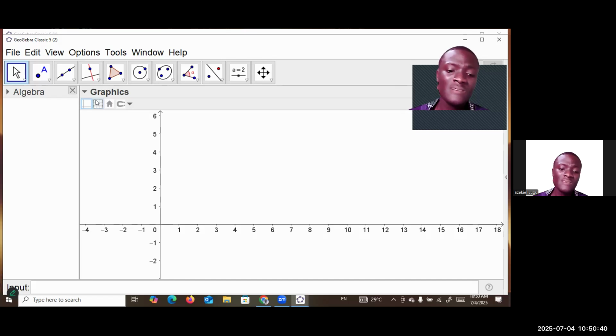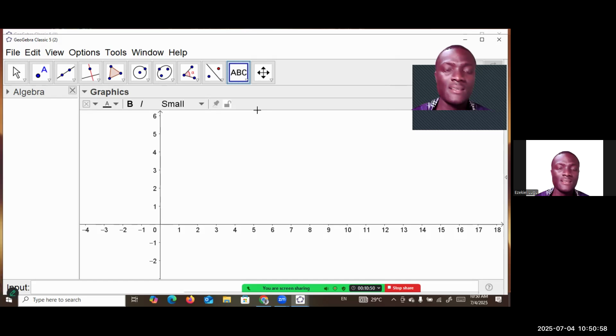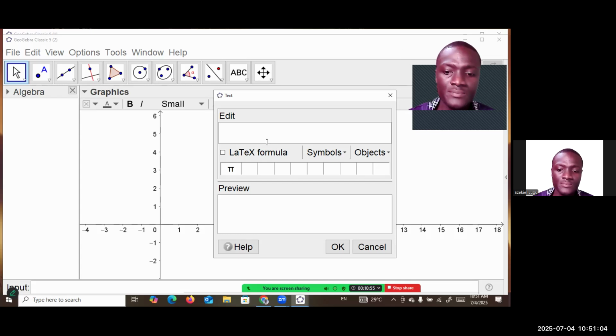So I'll be giving the question. Here I'll provide the objective function, and in this question, we are going to minimize it. The function we are going to use is p equals 2x plus 3y.